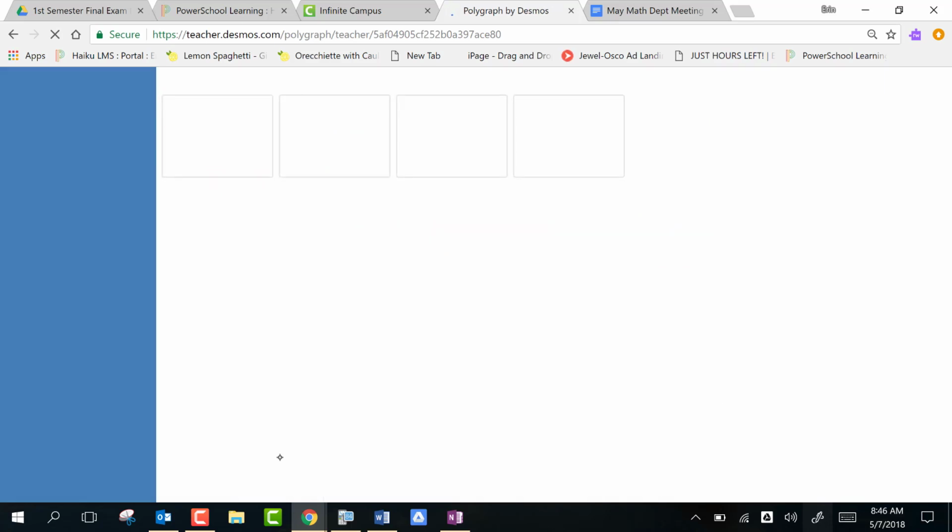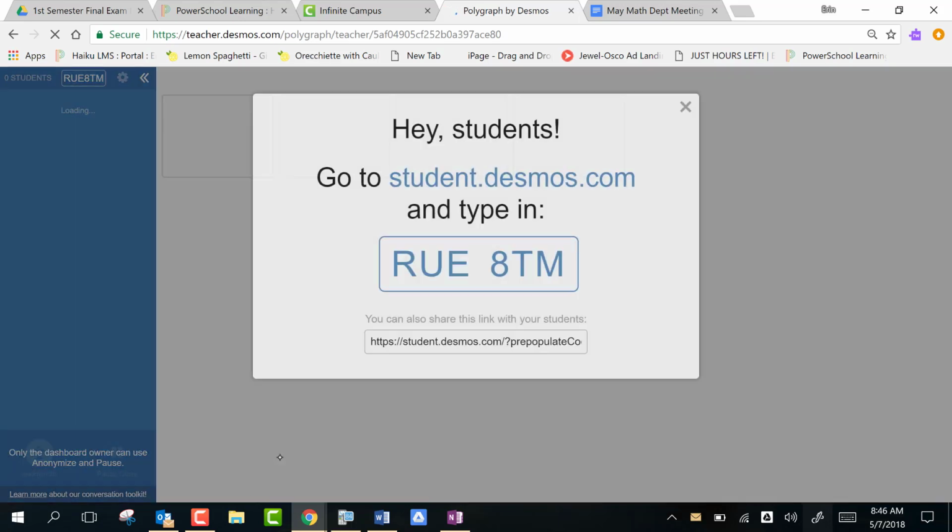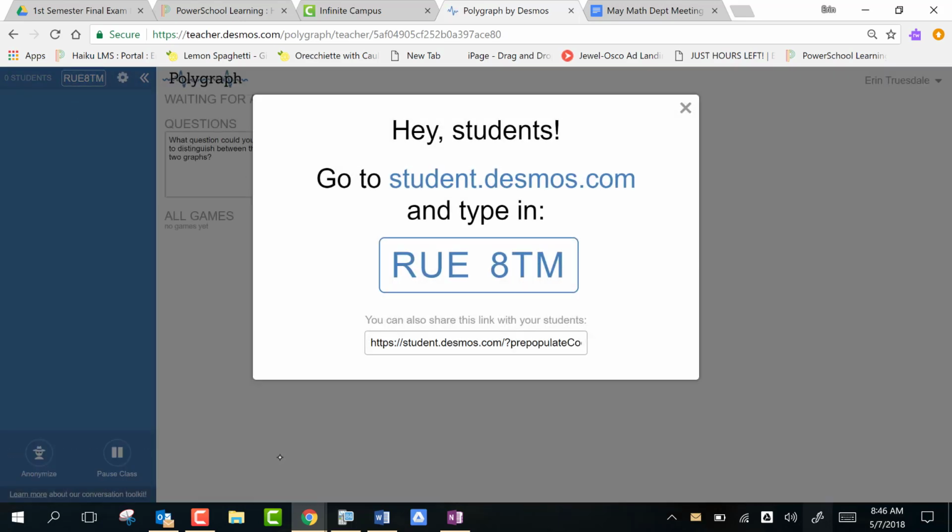Okay, so if you're in a group of 3, make sure everybody can see the screen of your Chromebook, so you might have to move a little bit. Go to student.desmos.com, type in RUE8T, I think, space ATM.